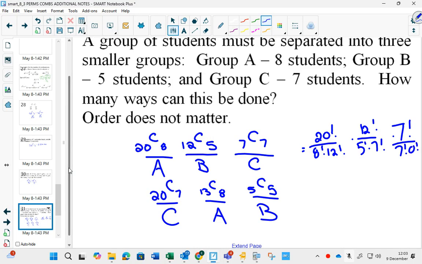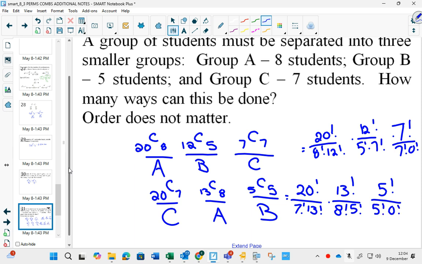The 0 factorial comes up in the formula, which is a good reminder for us that 0 factorial is equal to 1. And on this one, if I expanded it, I would get 20 factorial over 7 factorial, 13 factorial, and then 13 factorial over 8 factorial, 5 factorial, and 5 factorial over 5 factorial, 0 factorial.